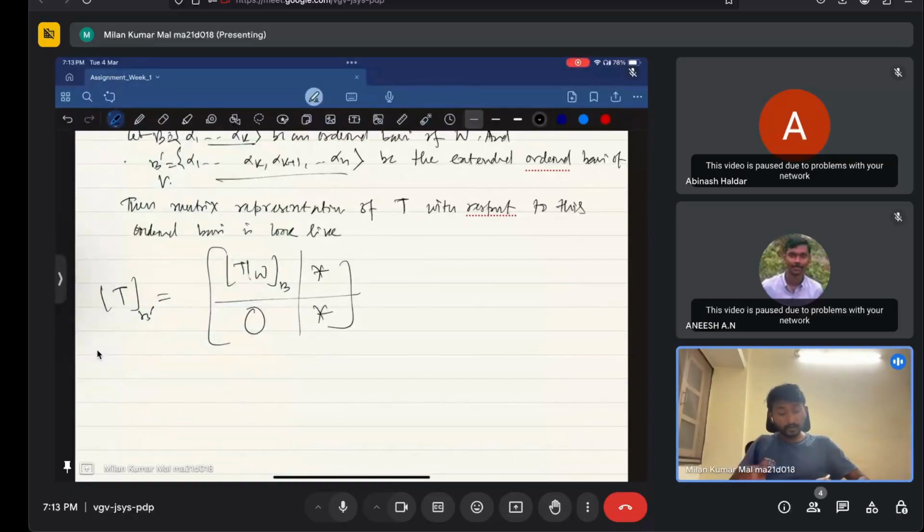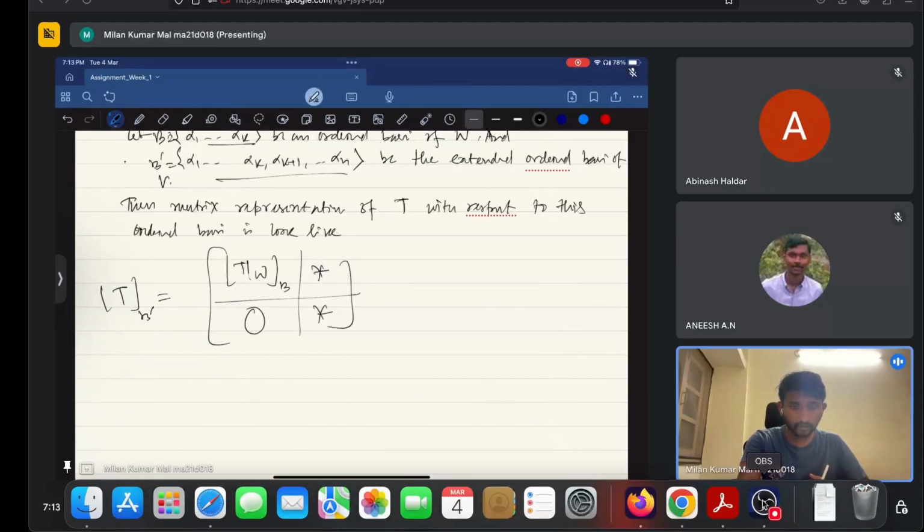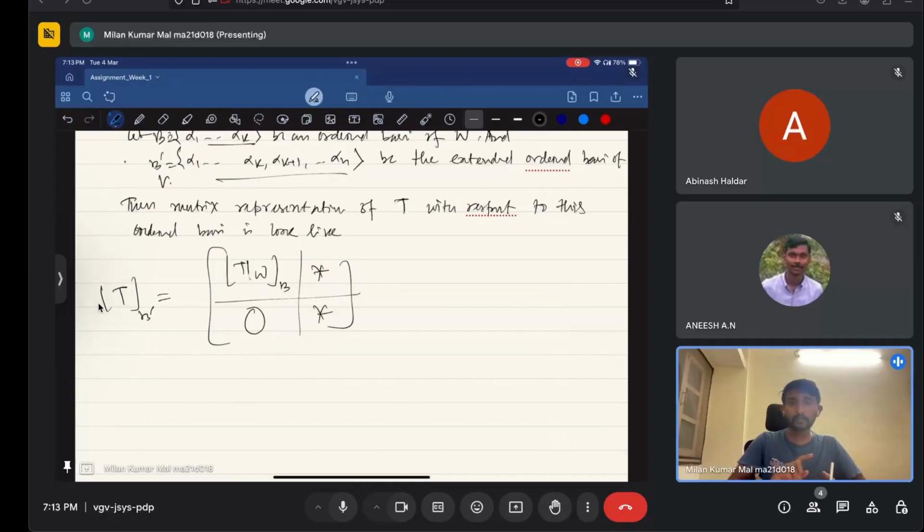The main point is that whenever I take an element from W and map it under T, the result is again an element in W. So let's take x an element in W. Then by definition x can be written as the sum of c_i alpha_i, i equals 1 to k.